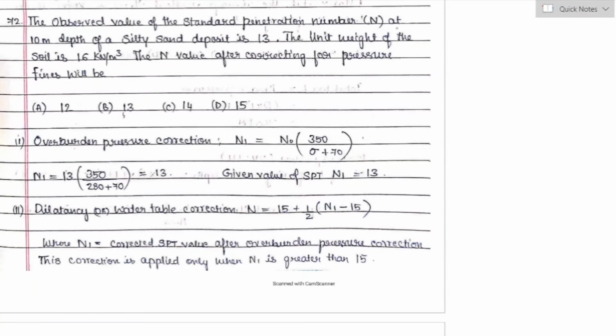Question number 72. The observed value of standard penetration number N at a 10 meter depth for a silty sand deposit is 13. The unit weight of the soil is 16 kN per meter cube. The N value after correcting for pressure and fineness will be.